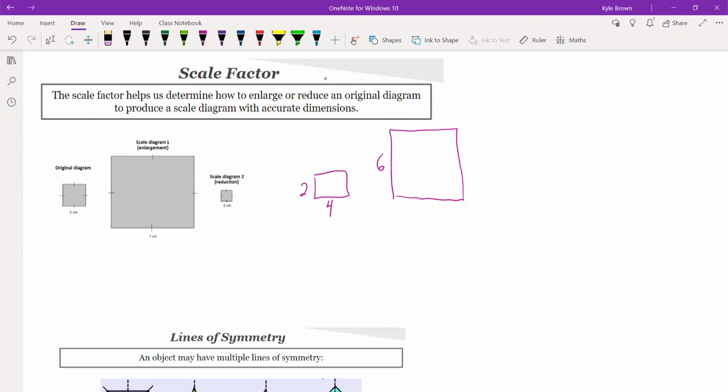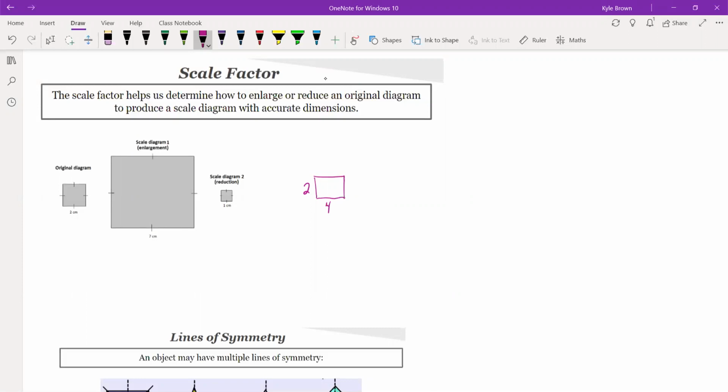Now, remember that we can also go the other way. Here, I'll give you an example. Let's say now we have a box again. It doesn't need to be a box, it could be a triangle or any polygon. So this is a length of 4 and that's a length of 2. And now I say let's make a scale image that is half the size.